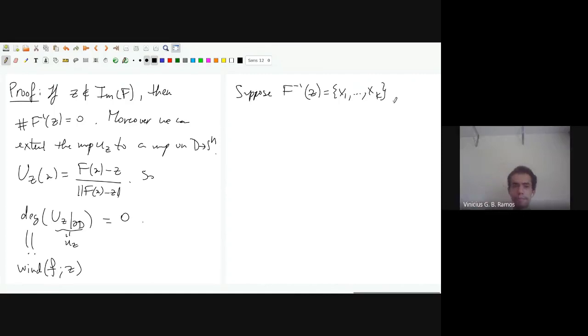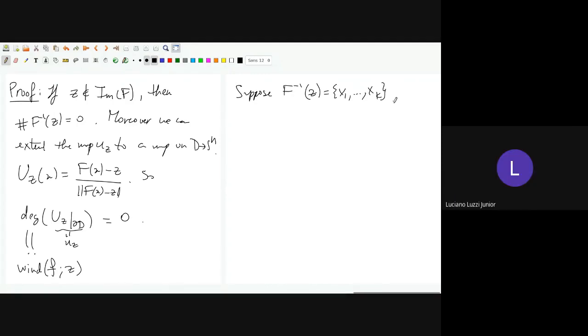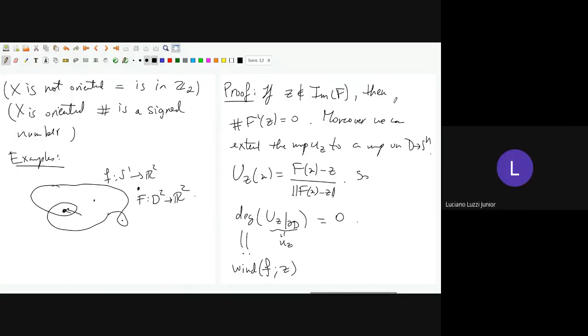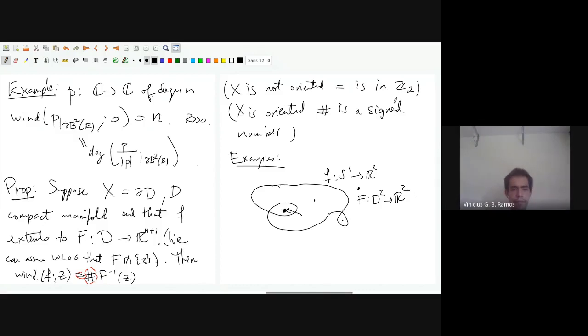Professor, Yes? posso fazer uma pergunta? A gente tem que assumir, no caso orientável, que D é orientável também? Orientável. Sim. Tá. É. Aham. No caso orientável, você tem que... Não. Senão, você só consegue uma igualdade módulo 2.